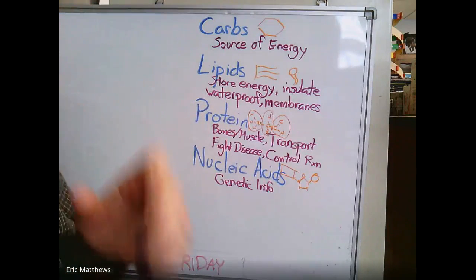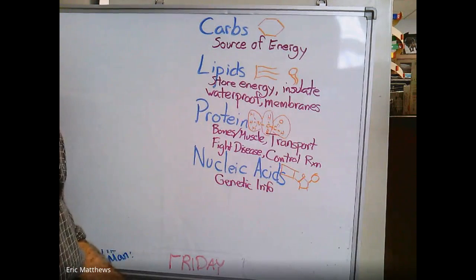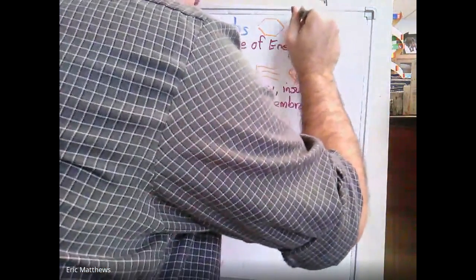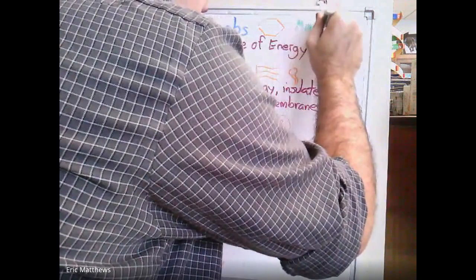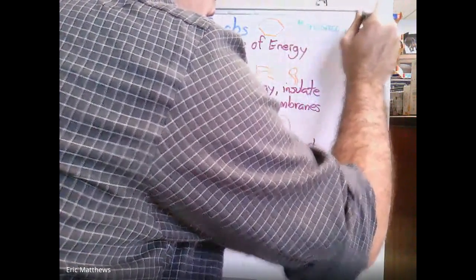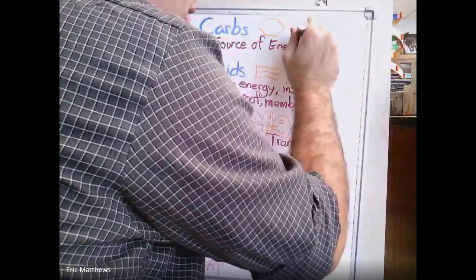All right, but what are the key terms for each of these that we're going to need? Well, remember, for carbs, they come as either monosaccharide or polysaccharide.